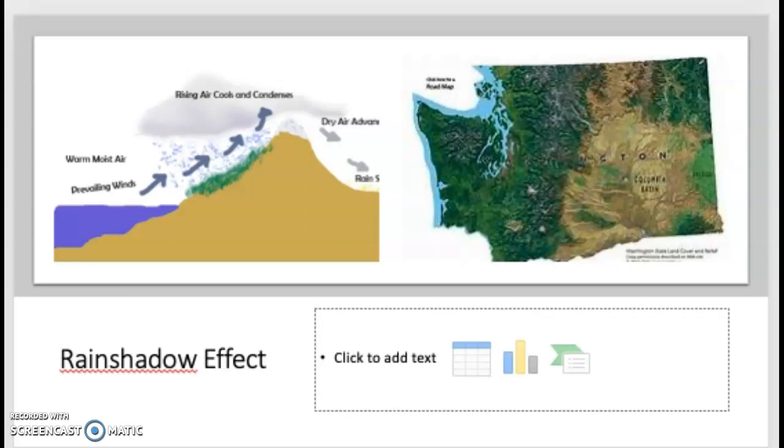Then when you get to the other side of the mountain, we have very dry air. So when we have large mountains, on the other side of the mountains you're going to usually have deserts or something similar.